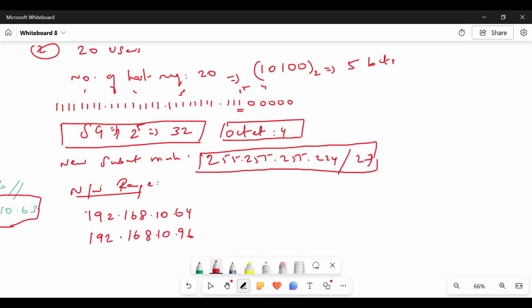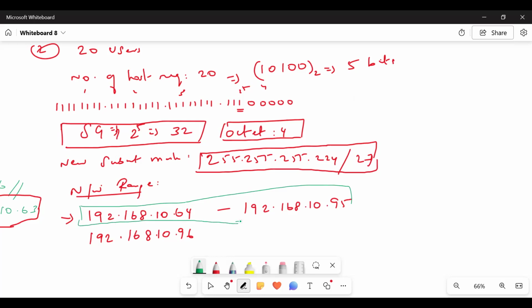So this is the subnet range first address, and the last address will be the previous address of this, that is 192.168.10.95. So this is the next range allocated for that 20 users in the given larger network.